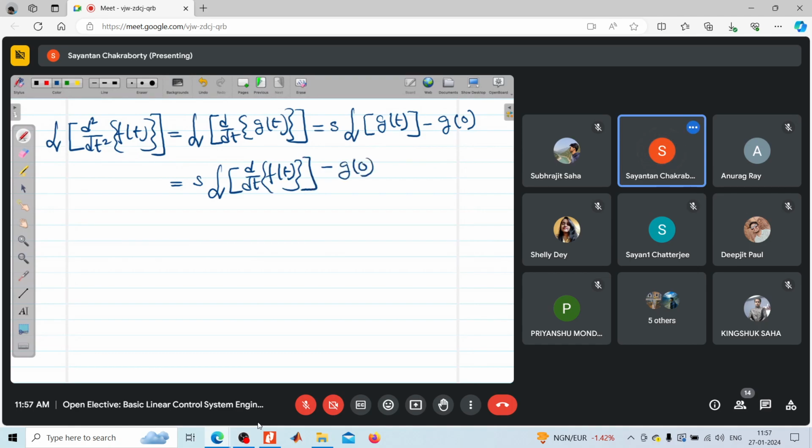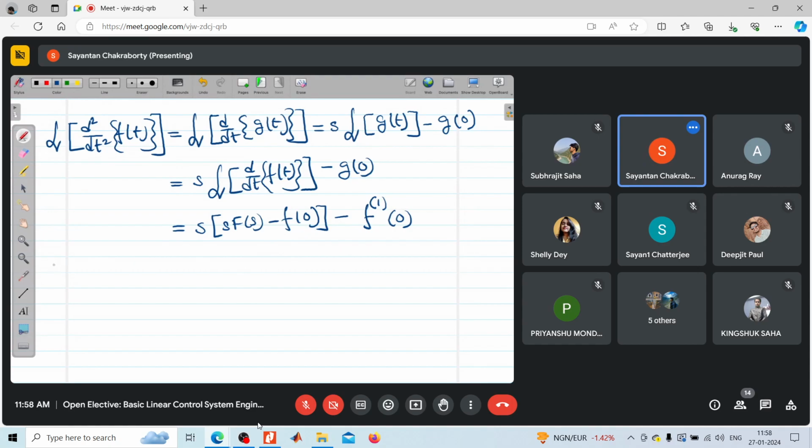So it will be s[sF(s) minus f(0)] minus f'(0). What is f'? That means the first derivative of f.